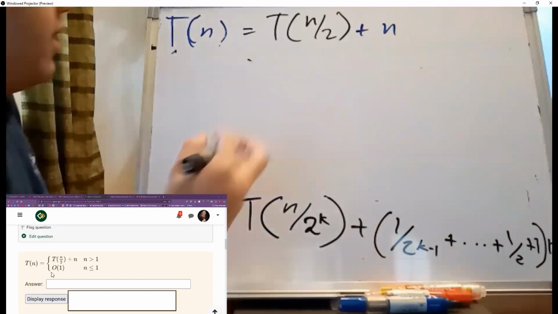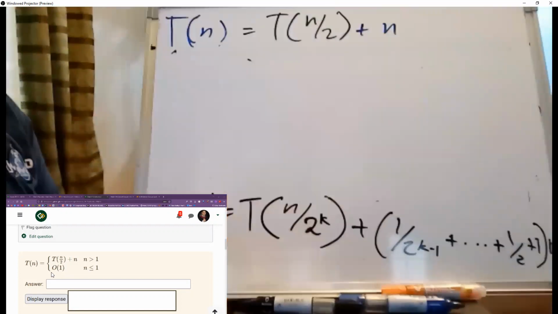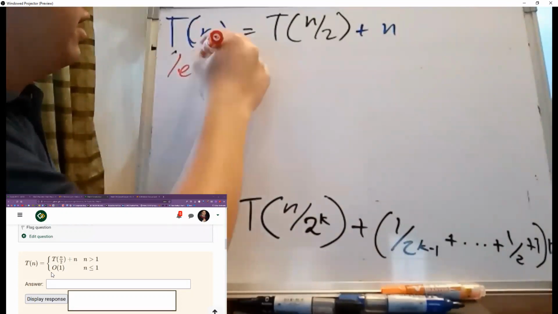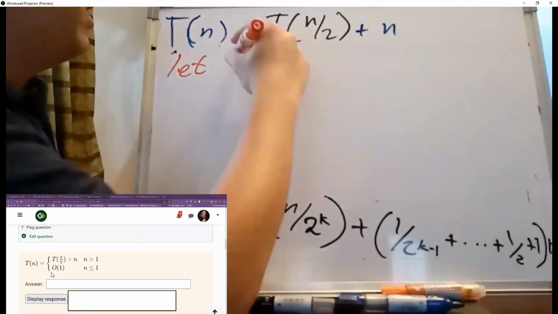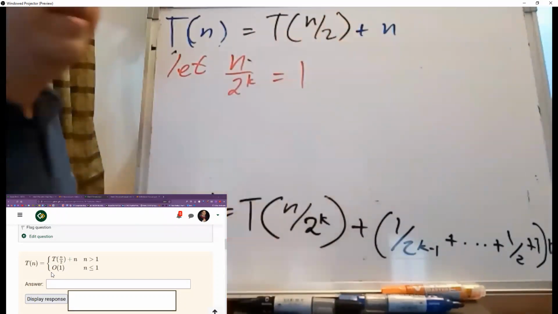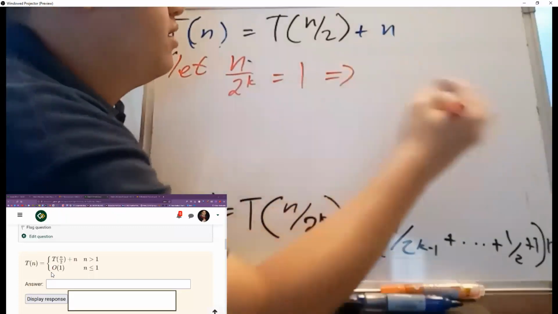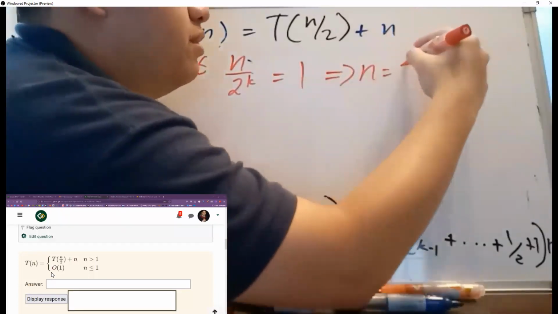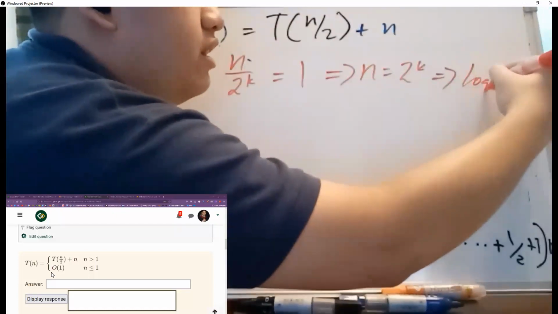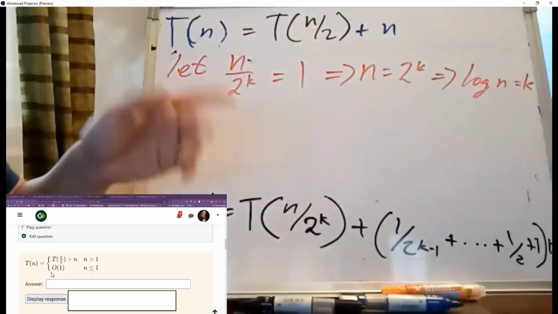So let's set n over 2 to the k equals 1. Because we do this, that means n is equal to 2 to the k and log n is equal to k.